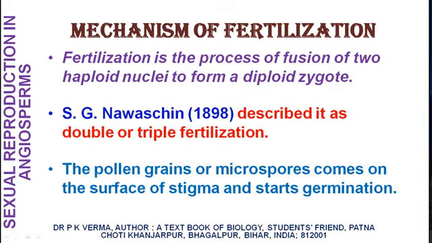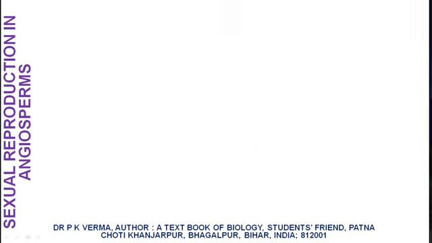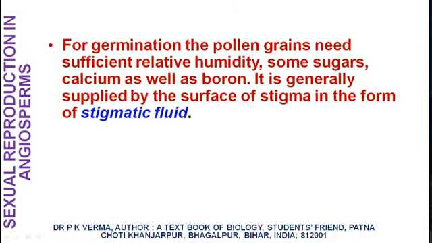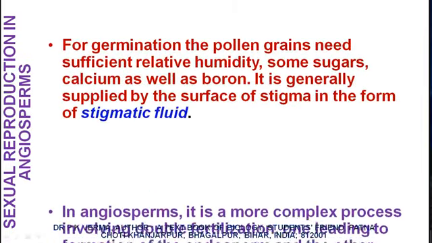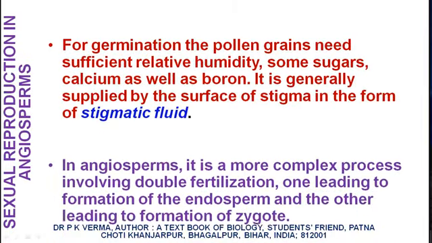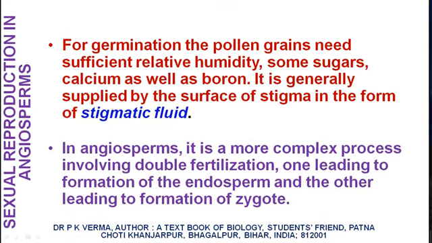The pollen grain or microspore comes on the surface of the stigma, finally becomes mature and starts germination. For germination, pollen grains need sufficient relative humidity, presence of some sugar, calcium as well as boron ions.